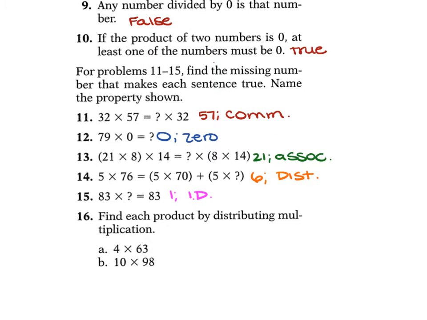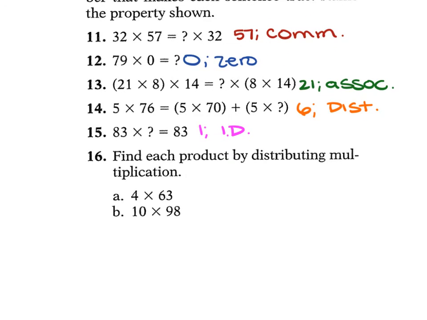For 16, it tells us to find each product by distributing multiplication. So for A, we have 4 times 63. Well, this is the same exact thing as saying 4 times 60 plus 3.